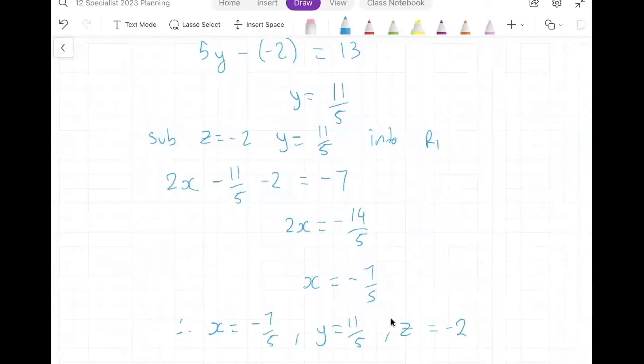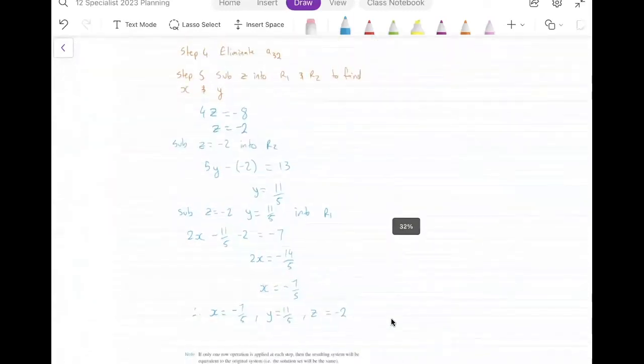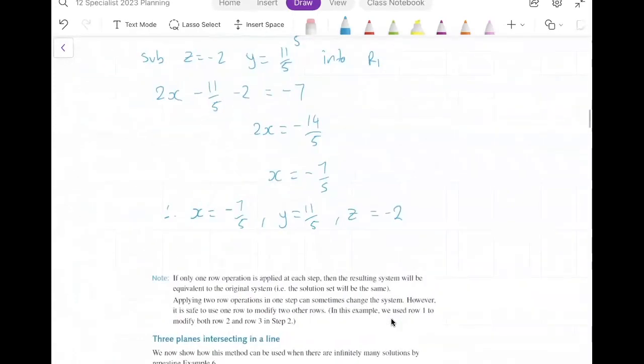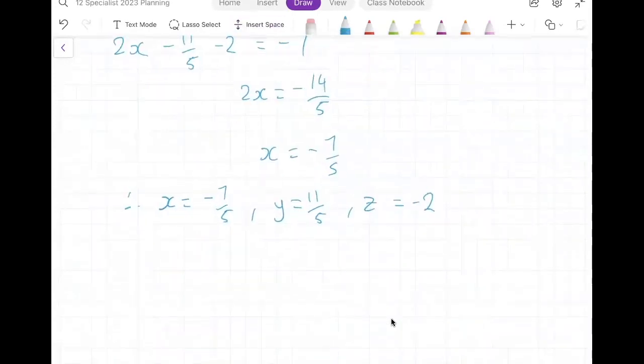Now, we did talk a little bit about how these can be represented as a geometric solution. If I was to interpret this as a geometric solution, we have a unique solution because I just get one number for each of my terms.